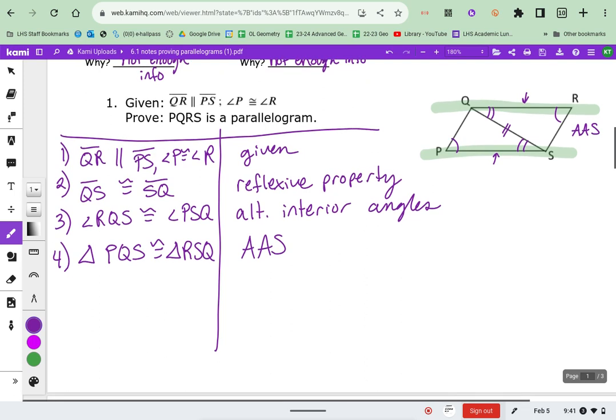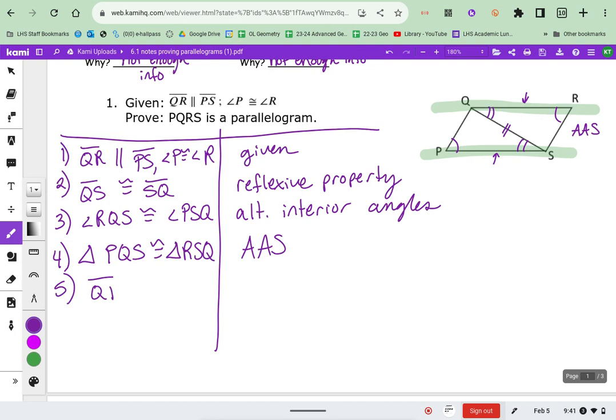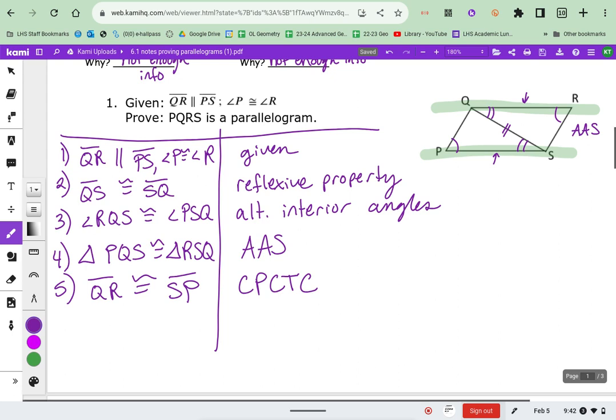Okay, and then after that we said we need to prove that the sides that are already parallel are also congruent, but we can do that with CPCTC. So we can say QR is parallel, oh, not parallel, what am I thinking? Congruent, sorry. QR is congruent to SP by corresponding parts of congruent triangles are congruent. So now that we have a pair of opposite sides that are parallel and congruent, voila, we have a parallelogram.